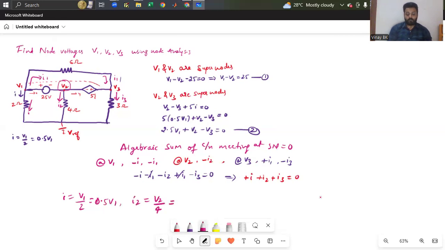So 1 by 4 is nothing but 0.25, so I can write it as 0.25 V2. Similarly, this I3 is given by V3 divided by 3, whereas 1 by 3 is nothing but 0.333. So you can write it as 0.333 V3.